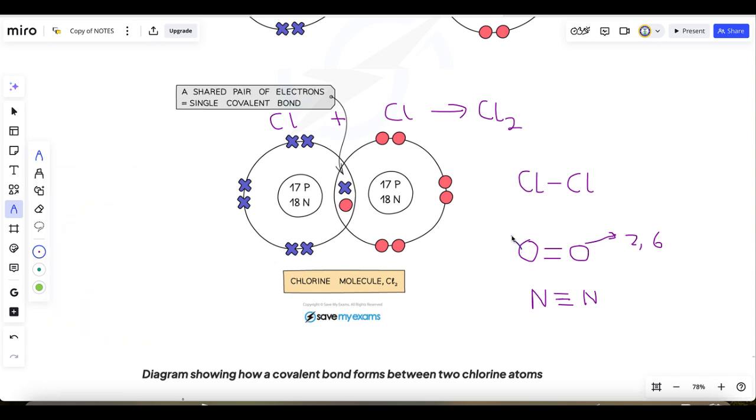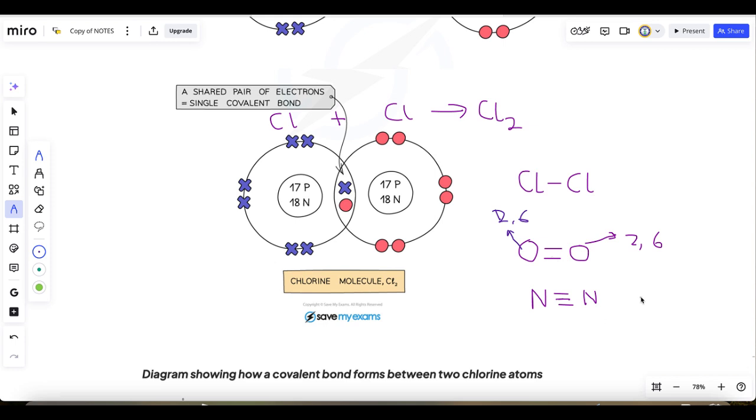Same thing, it has 2,6. What this implies is that they're both looking for 2 to complete their outermost shell. This one is looking for 2, this one is looking for 2, so I bring 2, you bring 2. That's why it's a double bond. Oxygen to oxygen double bond.